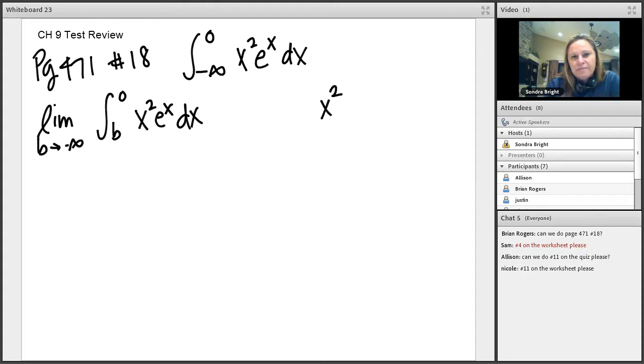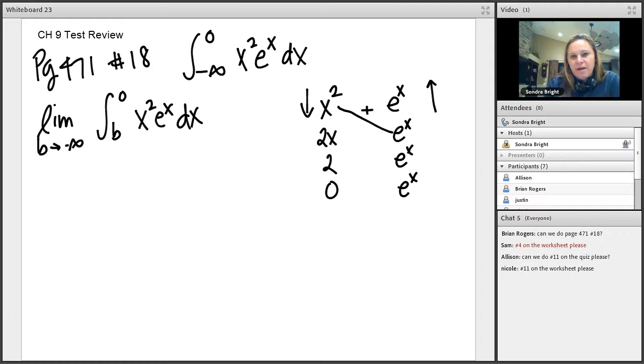So it's x squared, the one that goes down to 0, I'm going to take the derivatives of, right? So x squared and then 2x and then 2 and then 0. E to the x, remember, you're doing antiderivatives, which doesn't matter with e to the x because it's e to the x and e to the x and e to the x. And then multiply down the diagonal with a positive, and then the next diagonal you'll subtract, and then the next diagonal you'll add.